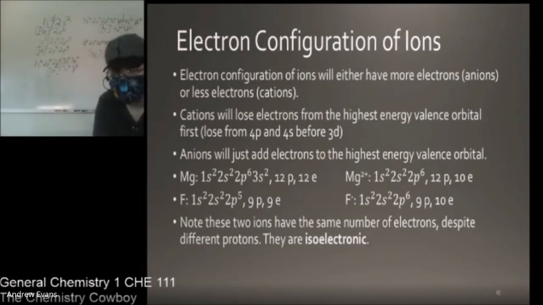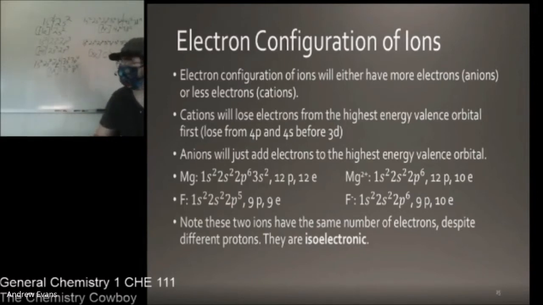I'm going to jump ahead to the anions because those are the easiest to understand, in that we are going to continue with the building up principle where we put electrons into the lowest unoccupied orbital. So when we add electrons, we're just going to keep adding to whatever row we're currently at. If we fill a row, we would move on to the next one.